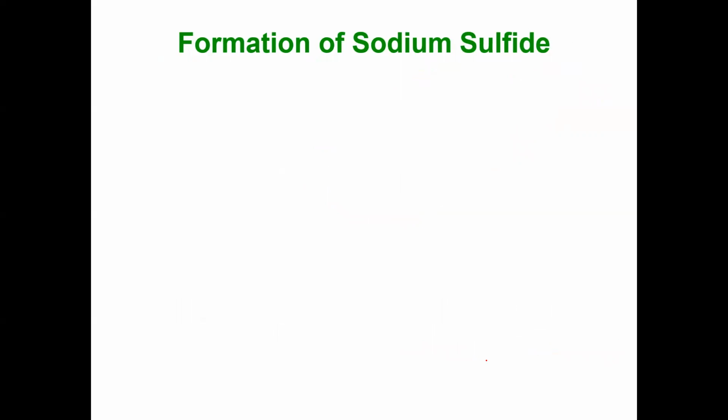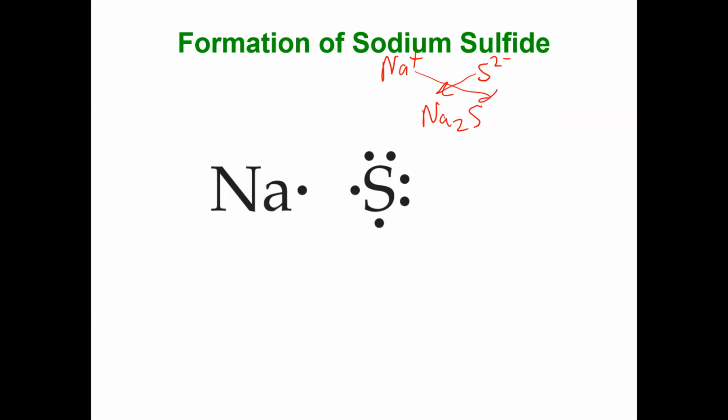So if we look at sodium sulfide, sodium is a +1. We know that sulfide is a -2. So when we do our crisscross, we get the mole ratios of Na2S, sodium sulfide. So how does that work? Well, sodium has 1 valence electron that it's going to lose because it's in group 1A.